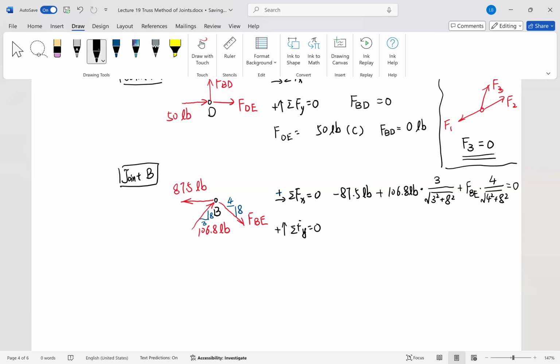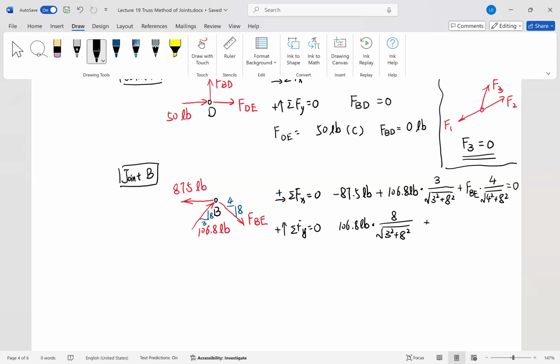We have the vertical component of the 106.8 pound force, which this time is the ratio between the height 8 to the hypotenuse. All of that information is from the small triangle denoting the direction of the 106.8 pound force, going upward.